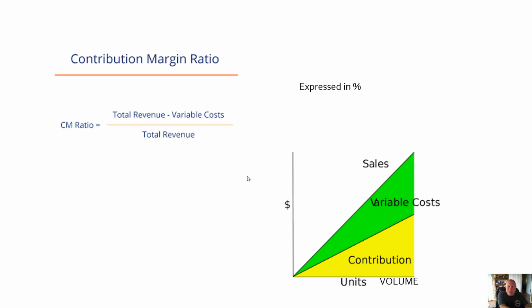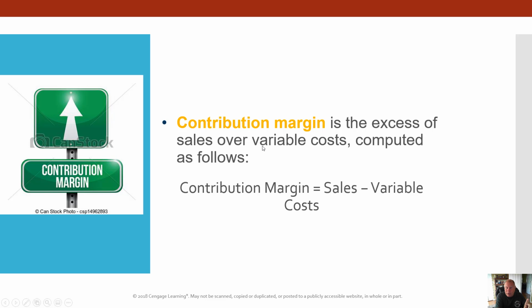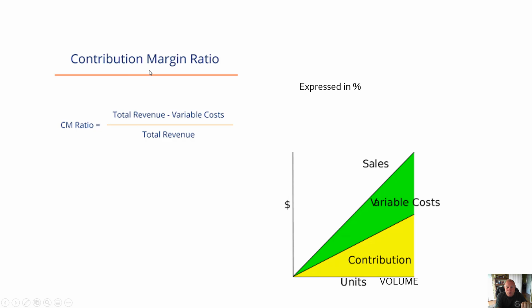The contribution margin ratio, okay, this is the margin, this is the ratio. Now, one of the things that is important is that when we see things on a graphical basis, the ratio is expressed as a percent, but when we start looking at the contribution margin, we can see that it's a function of unit volume.